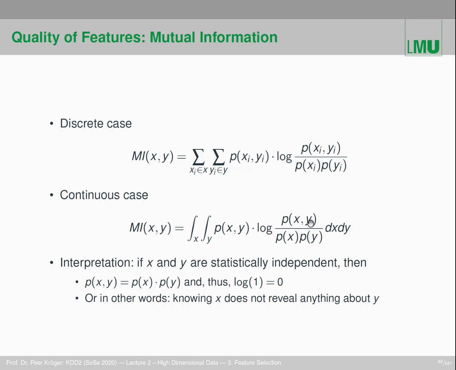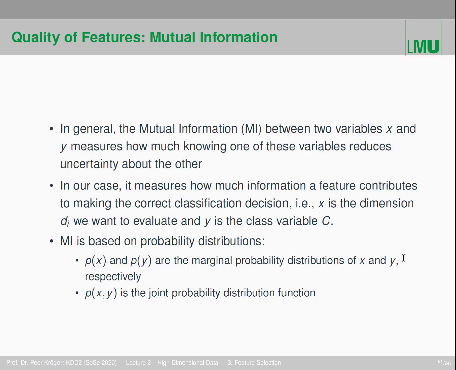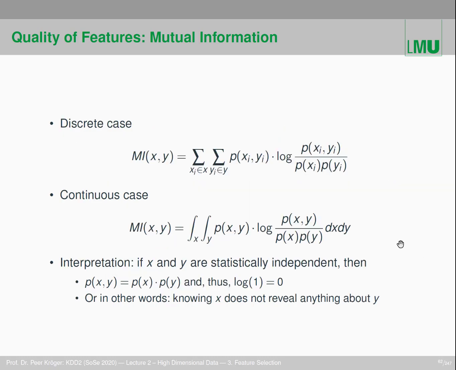So you have log 1, and log 1 is 0. So the whole thing in that case comes down to 0. So in other words, if you know x and that does not reveal anything about y, then the whole thing is 0. So mutual information should again be maximized. So higher values are better in that case. Yeah. So that was again the wrong direction.